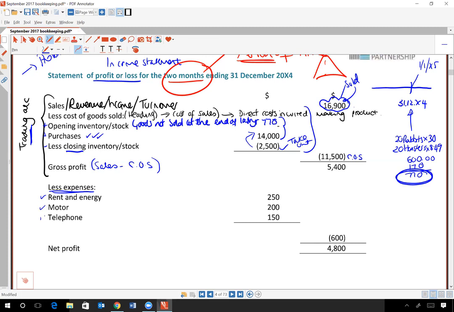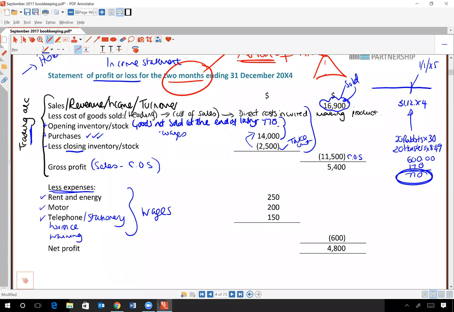Motor expenses, telephone, stationery, insurance. This list is endless. Stationery, insurance, training. Ooh, one thing that's not on there is like wages, but you could have wages in here as well. Wages. Is there any other costs that you can think of, guys? Stationery is my favourite.